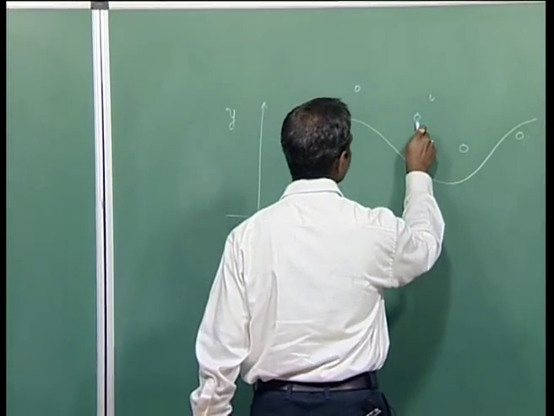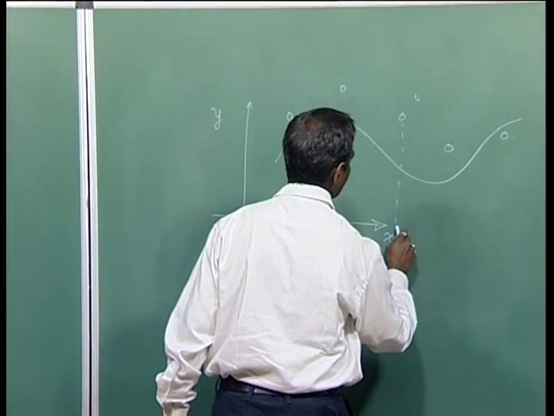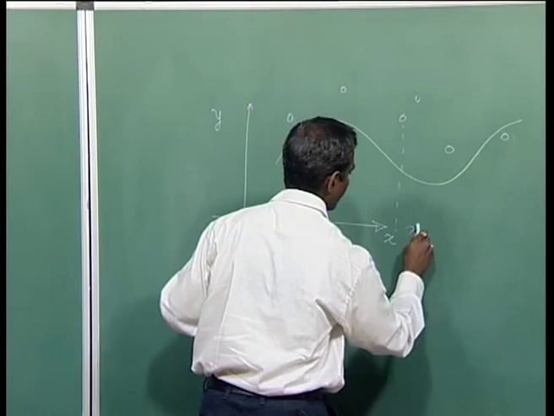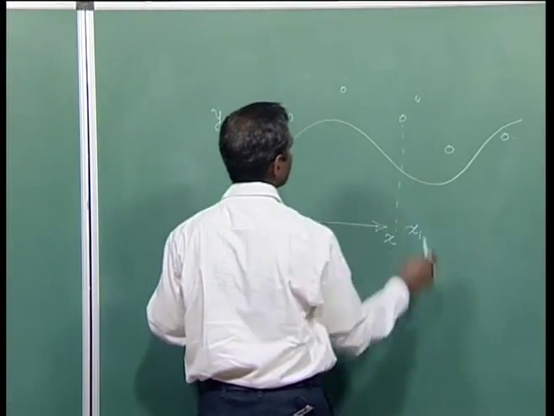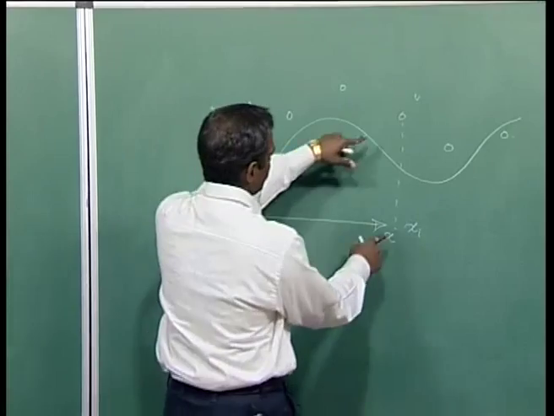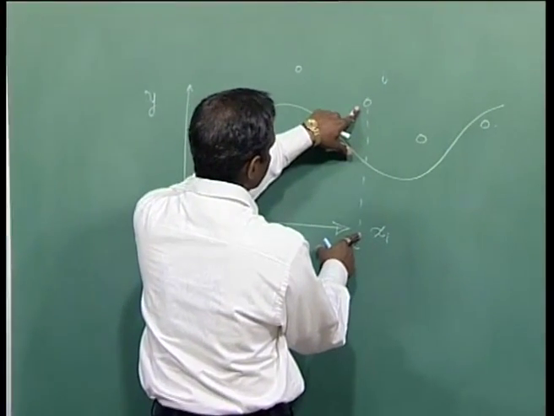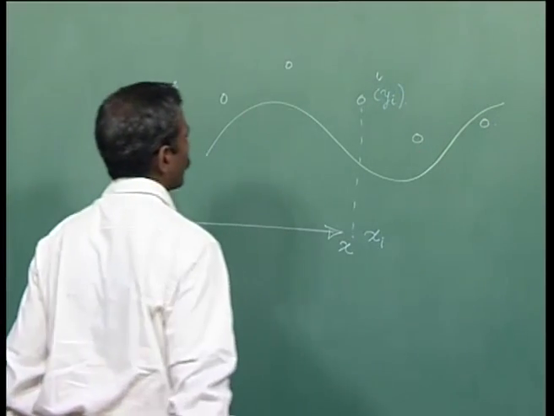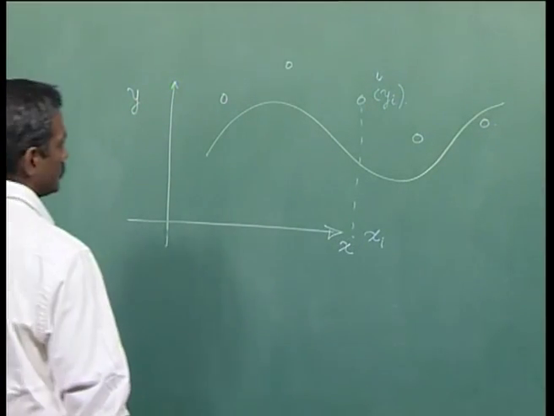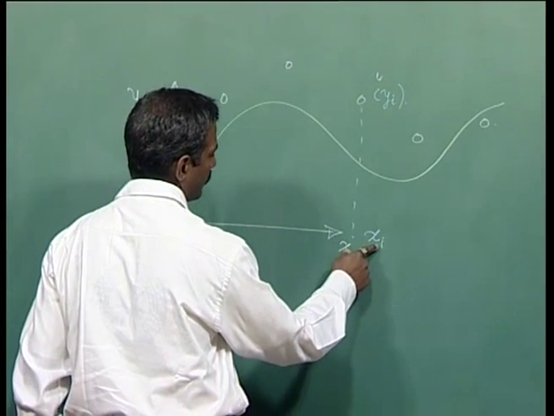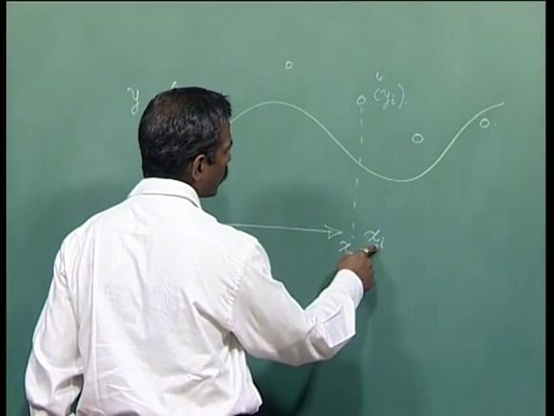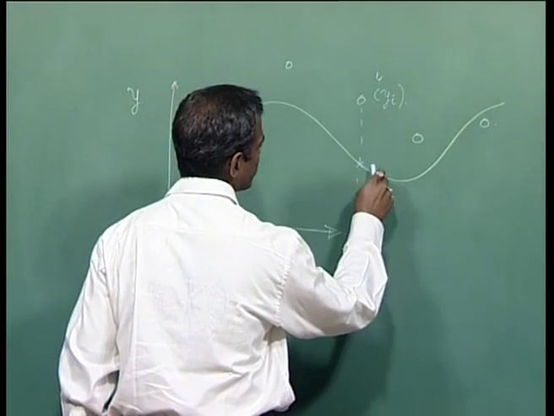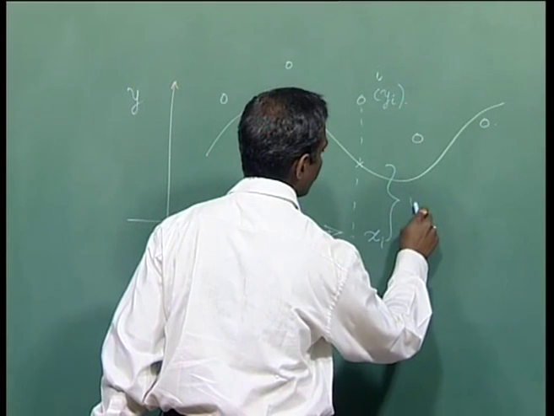Let me draw a vertical. This distance here is xi, which is the abscissa of this point. And this distance, the ordinate of this point, is yi. At x equals xi, the ordinate predicted by this quadratic polynomial is, let's say, yp.